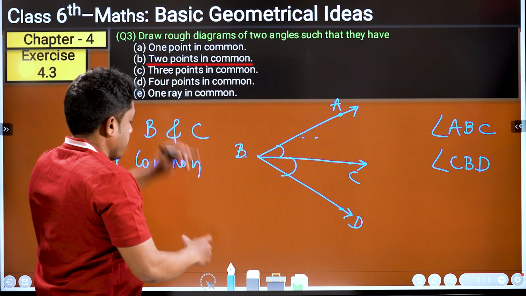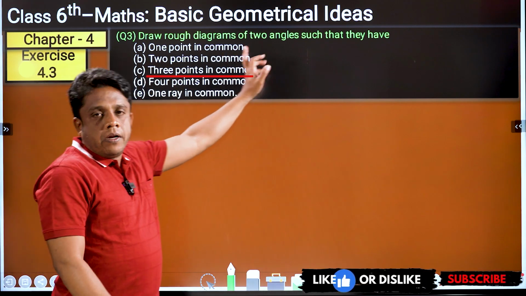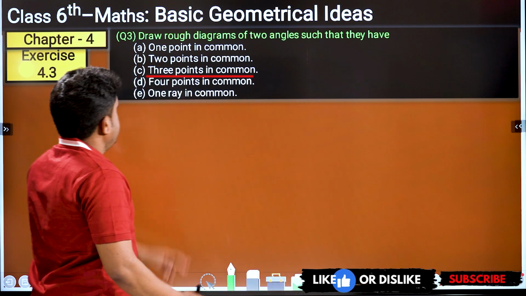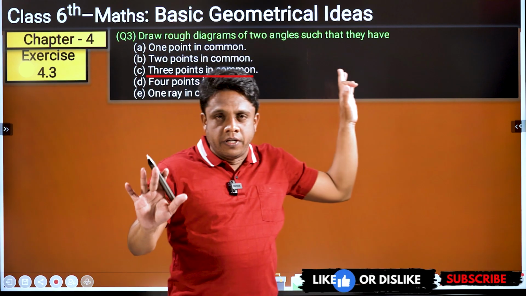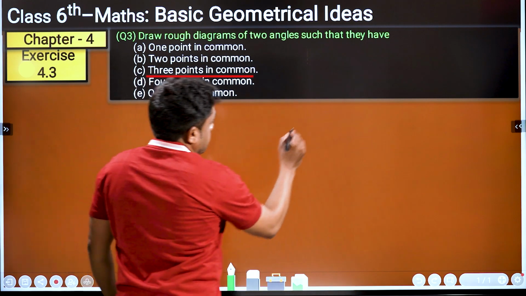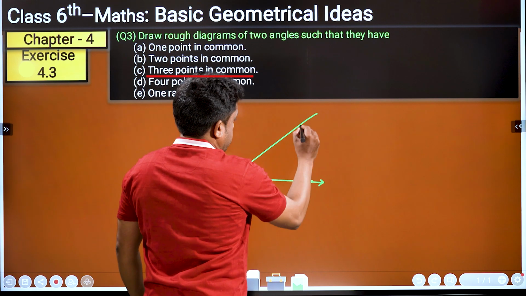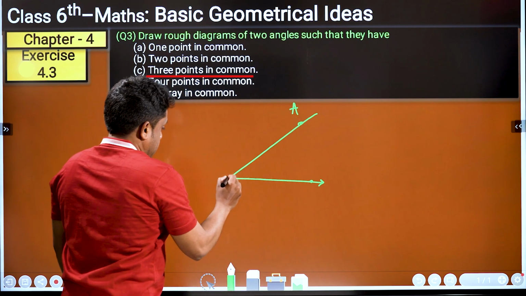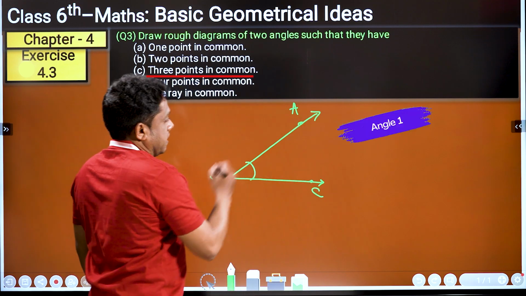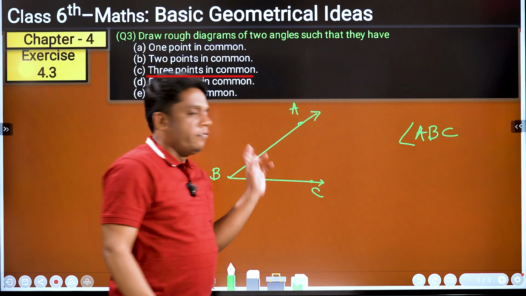That is your C part. In your C part, 3 points in common. So here we should see 3 points in common. Again, let me draw a diagram of two angles first. Again, same thing. I will draw an angle. This is your first angle, ABC, correct? Angle ABC, this is your first angle.